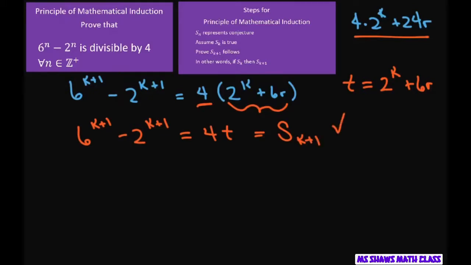So it follows. And since S of k is valid, then S of k plus 1 is valid. All right? So it works for n equals 1, equals 2, equals 3, and so forth. So it's divisible by 4 for all positive integers n.